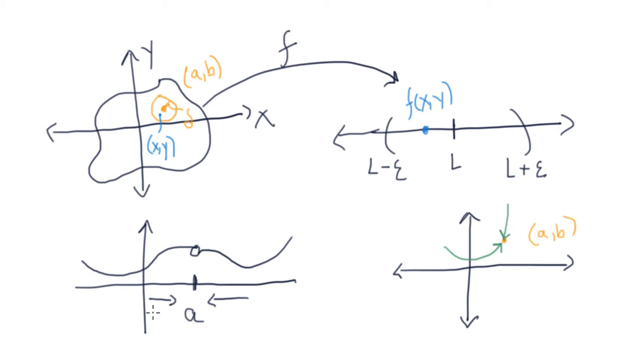Whereas before I had two things to check, I actually have infinitely many directions that I can approach this point (a,b). And I actually need to verify that all of the limits from all of these different directions are the same. So that seems really daunting.